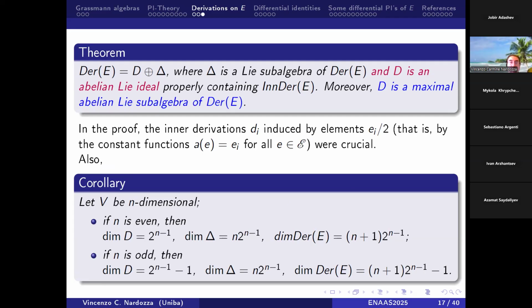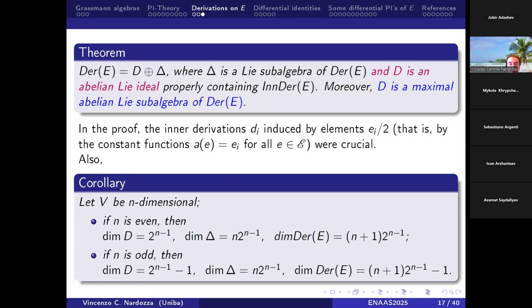In the proof of this theorem, the inner derivations induced by simple vector elements of the F basis of V were crucial, and we will meet them again later. The ideas in the proof of this theorem also allow us to compute explicitly the dimension of the derived algebra of the Grassmann algebra when the dimension is finite.